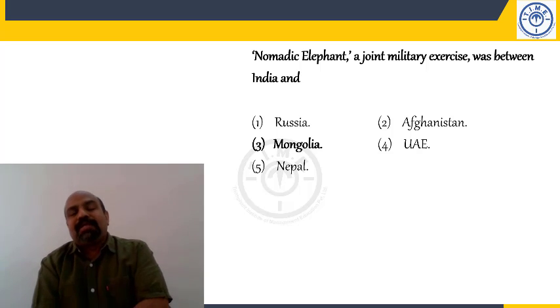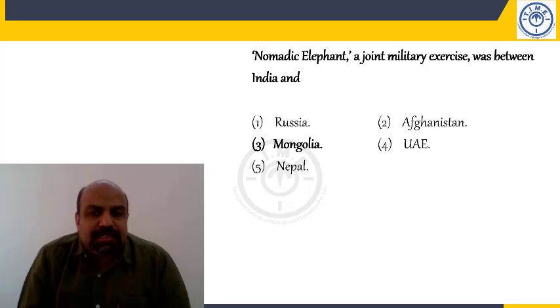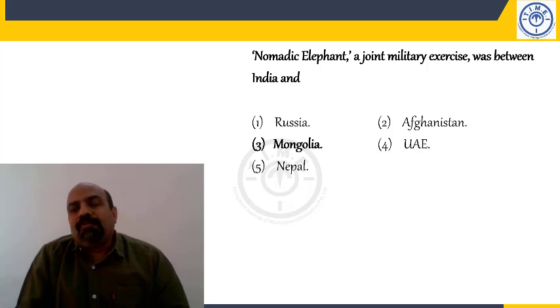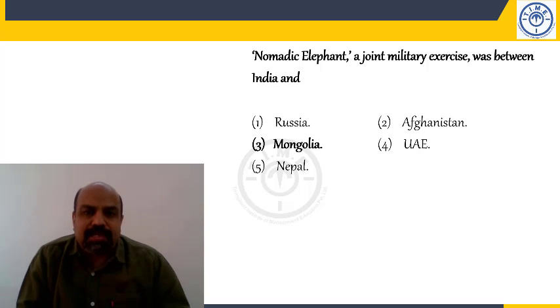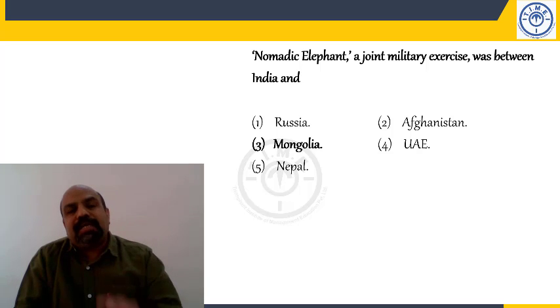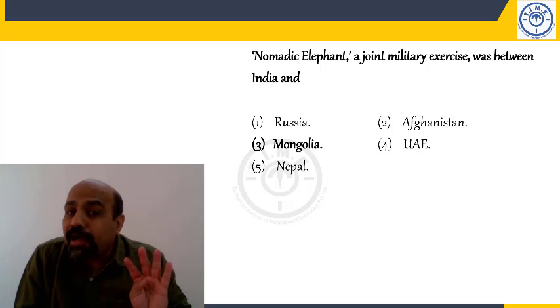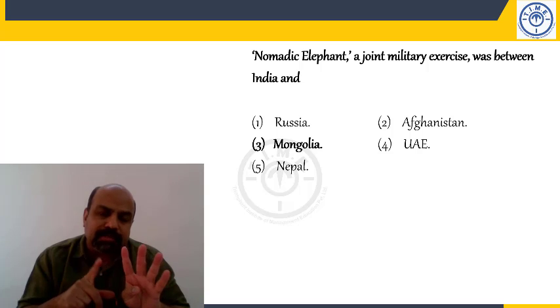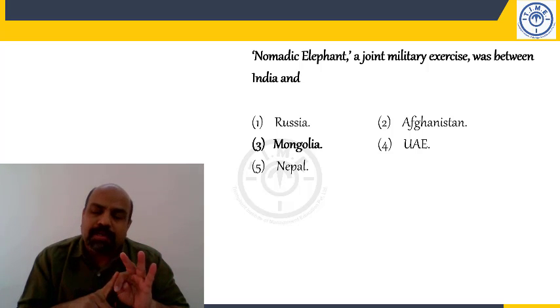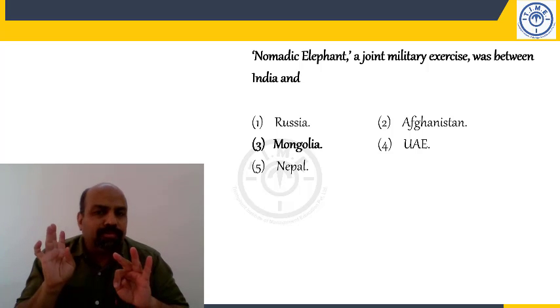What I mentioned in that session was clearly that Madagascar is the fourth largest island. The top 3 are Greenland, New Guinea, Borneo, and fourth is Madagascar.